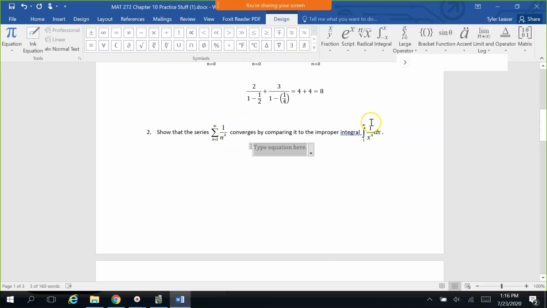All right, what we do is we take the integral here and we calculate that. So this has an antiderivative of, let's see, it'd be negative 1/5 x to the negative 5th. That we're going to evaluate between 1 and infinity.